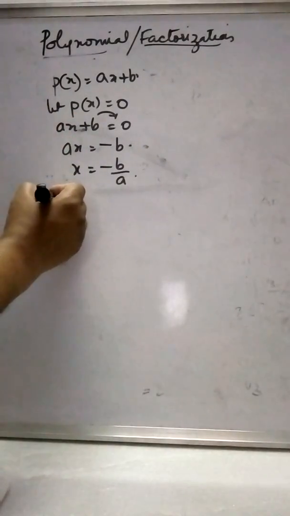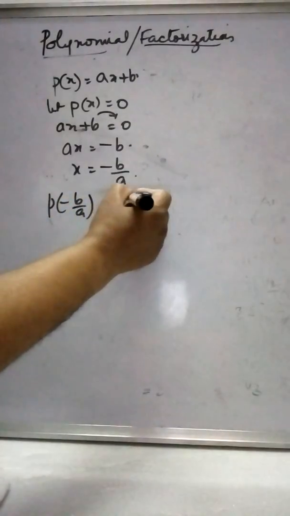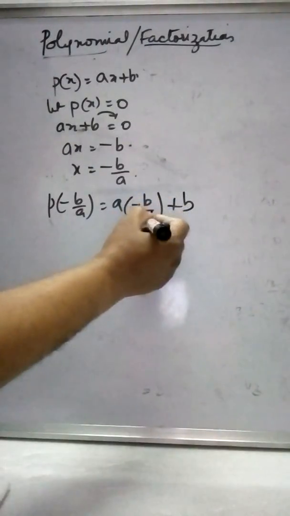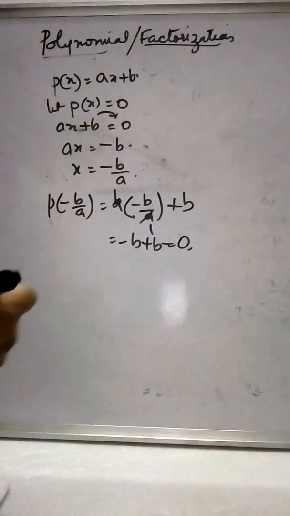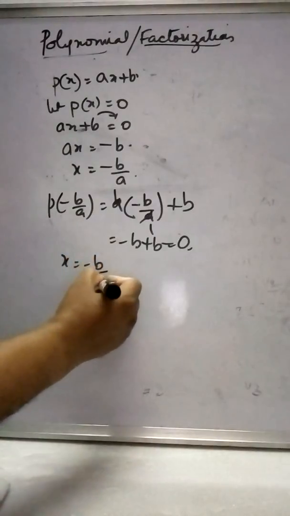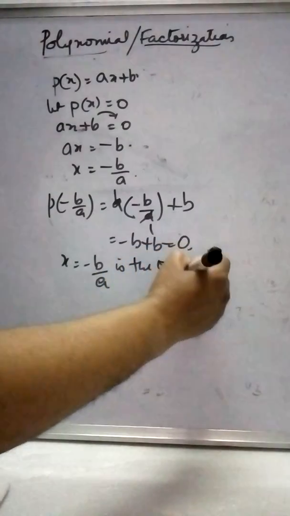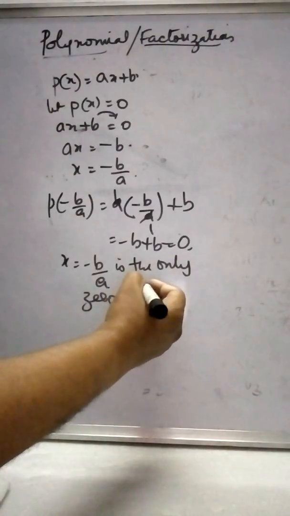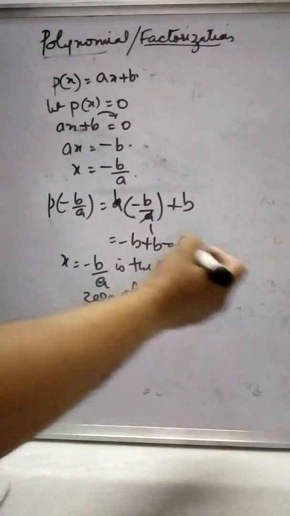So you can see in this way, p of minus b by a is equal to a into minus b by a plus b. So a cancels, I get minus b plus b, which is equal to 0. So x is equal to minus b by a is the only 0 of p of x equal to ax plus b.